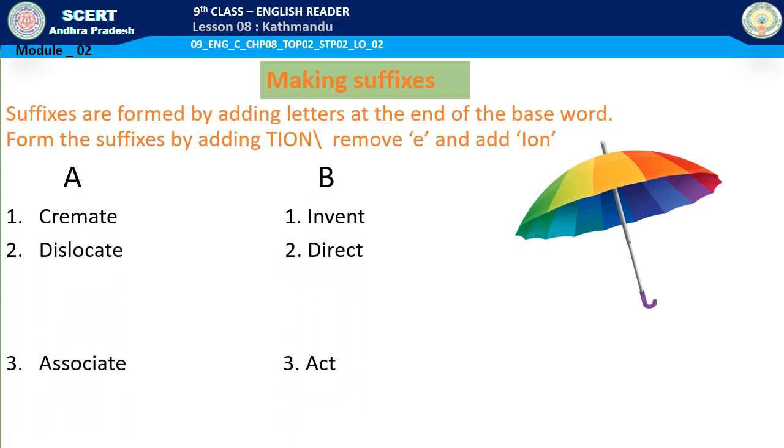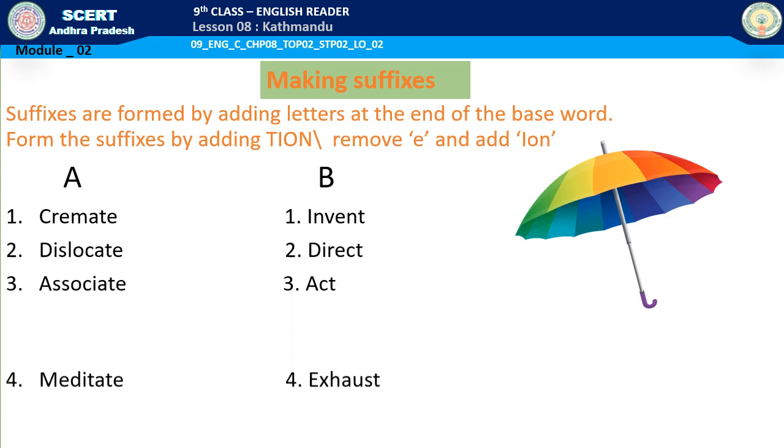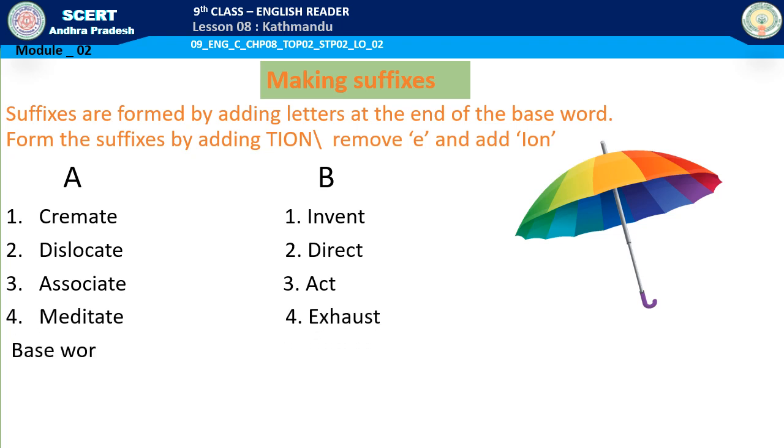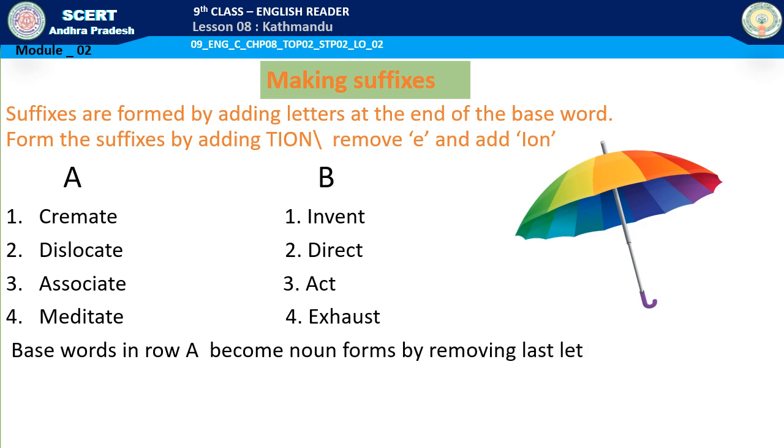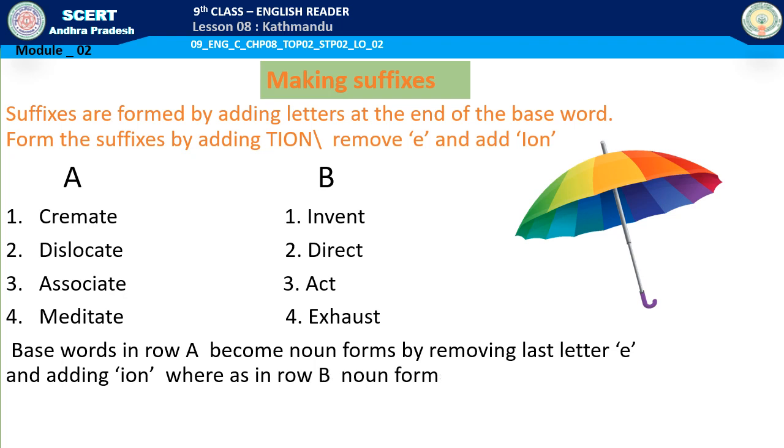In the caption B, ION is added to make noun form. So, the changes are as follows: cremate to cremation, dislocate, dislocation, associate, association, meditate, meditation. In caption B, invent, invention, direct, direction, act, action, exhaust, exhaustion.